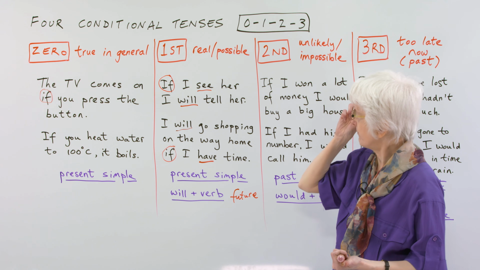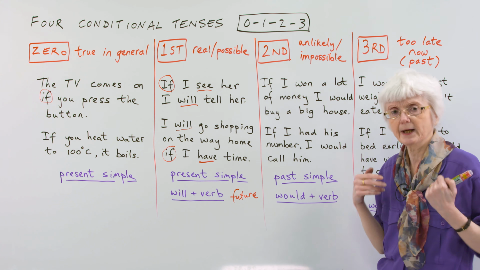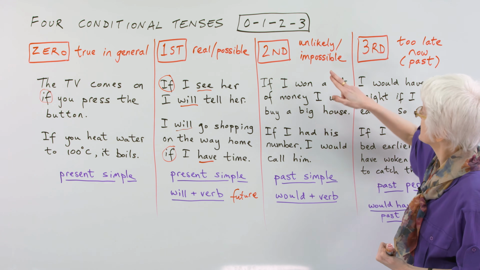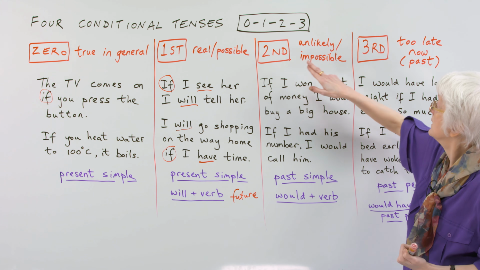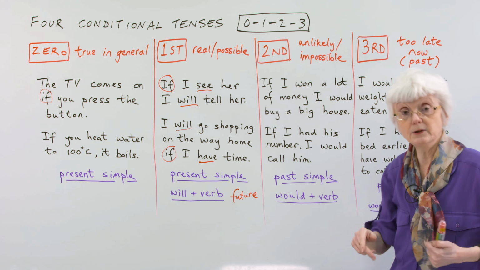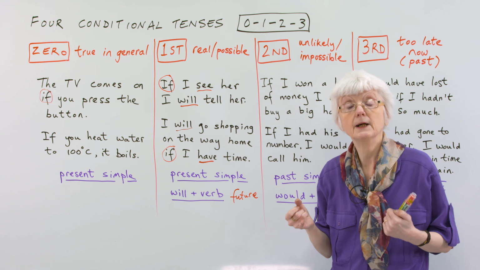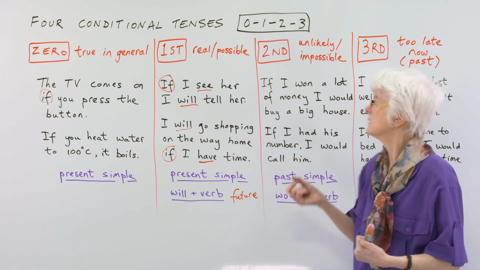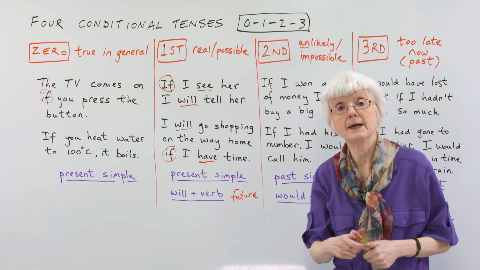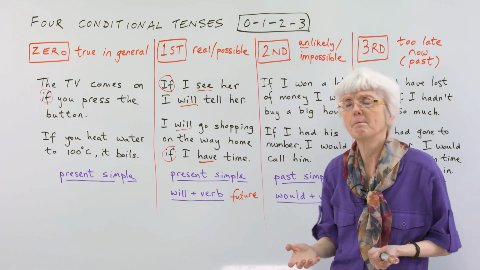Okay. And then we're getting further and further away now with the second conditional to what's possible, because this second conditional is if it's impossible or unlikely. So if something is likely to happen, it will probably happen. And if something is unlikely, that's the negative prefix, that's unlikely.